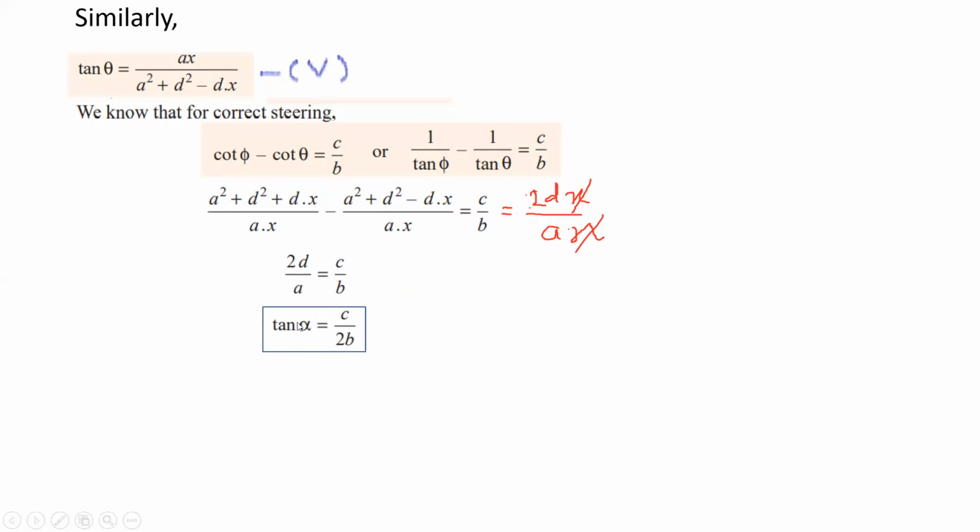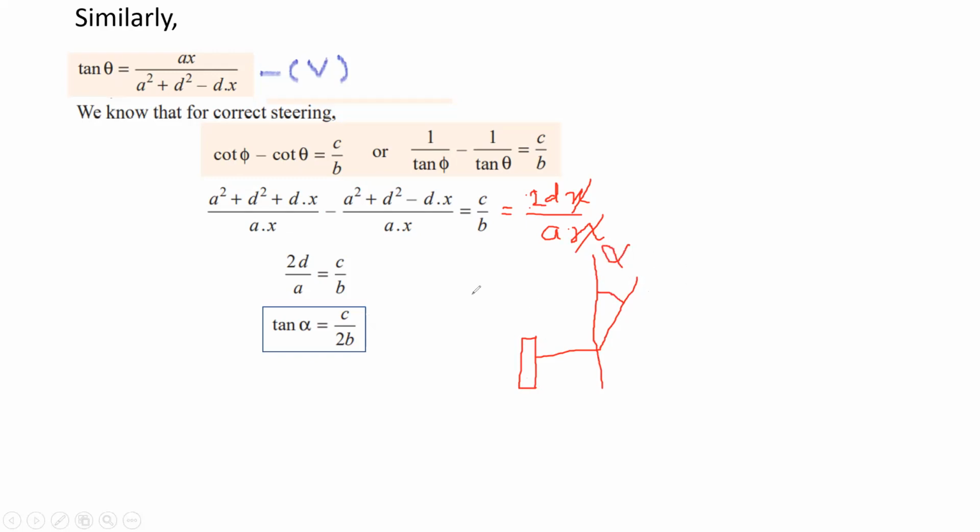From this equation, what you calculate is the angle of inclination of the slotted links. The links which are slotted, like this is a link, here you have your wheel, this is the slotted link. When the vehicle is moving straight, at that time what should be the angle of inclination alpha?